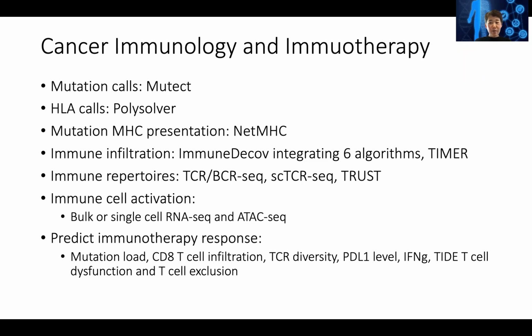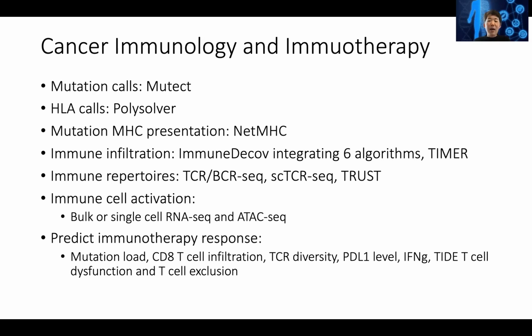And so we mentioned many factors that are important, such as mutation load. You want this tumor to look very foreign, and CD8 T cell infiltration. You want more T cells to infiltrate the tumor. You want T cell diversity so that different T cells can recognize different mutations. You want PD-L1 levels suggesting that the T cells there are already recognizing the tumor antigen starting the attack.